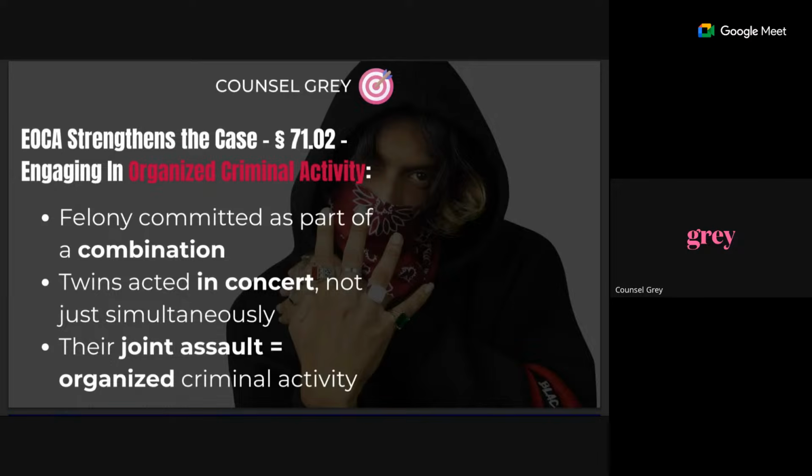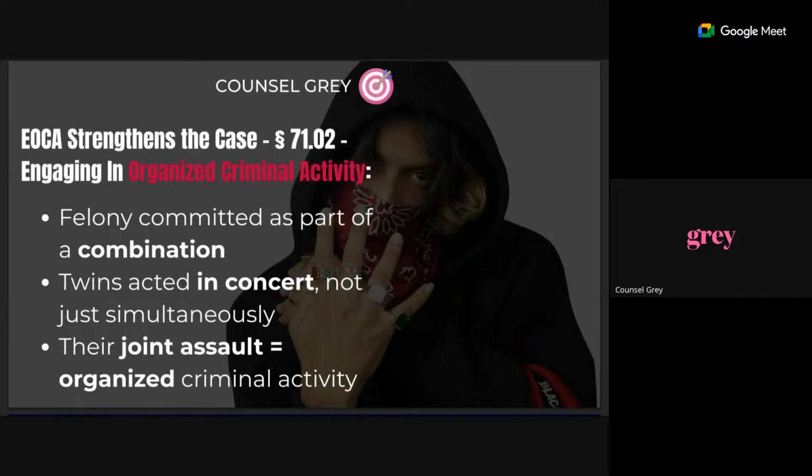So this is a sentencing enhancement. It also can serve as an alternate predicate felony. I'm not going to get into that, but this is sort of the second path to get to liability for Hunter. And again, the twins acted in concert. Remember when I said earlier that it's not enough that they did 2 things simultaneously? They had to both be doing the same thing, and they were, right?